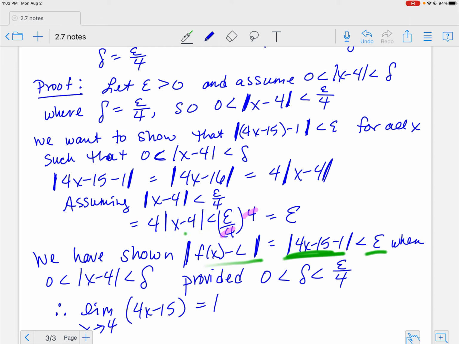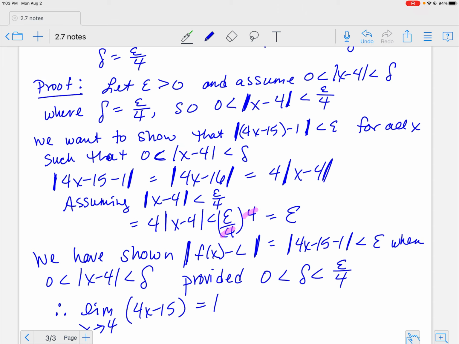We have shown that this is less than epsilon because this statement is equivalent to this one, which is less than epsilon. When you have the relationship here with delta, knowing that those two are equivalent, provided this relationship. And therefore, this limit has just been proven.